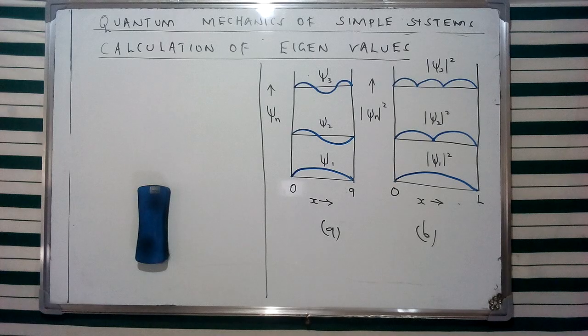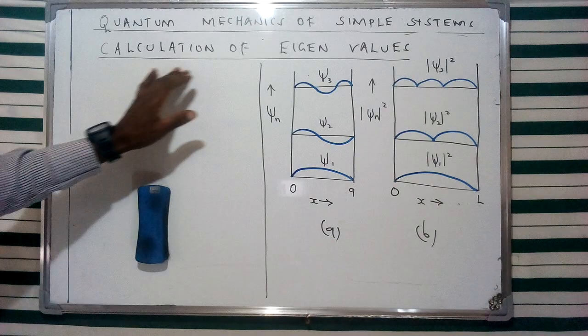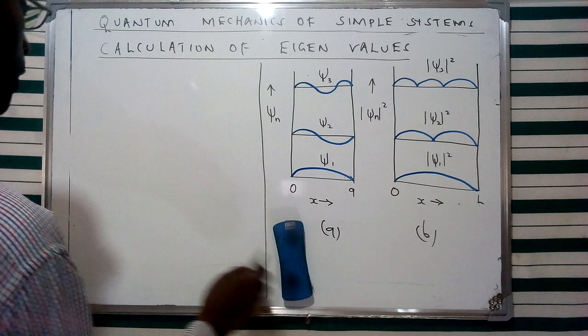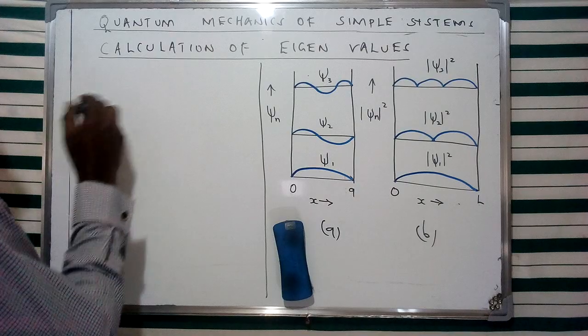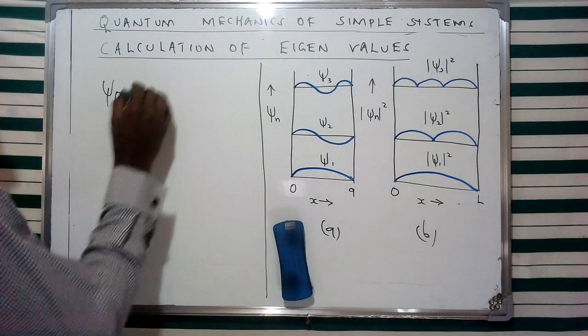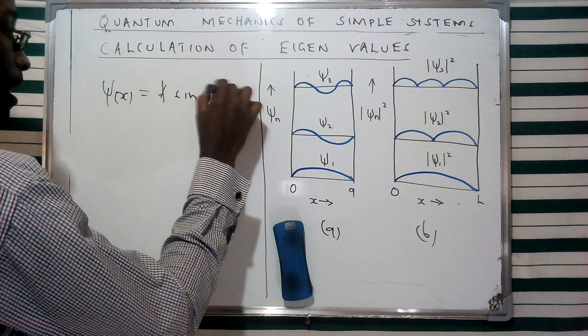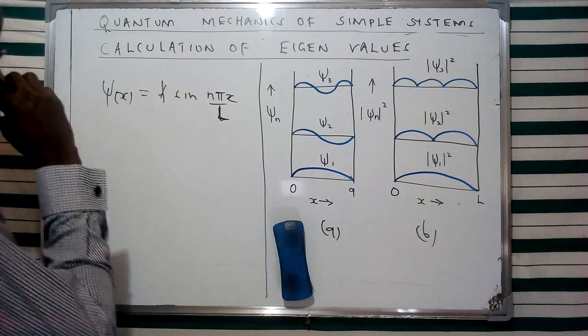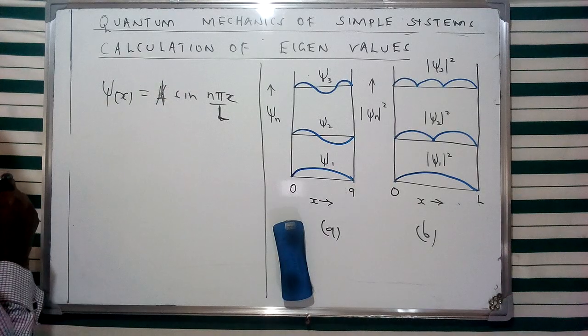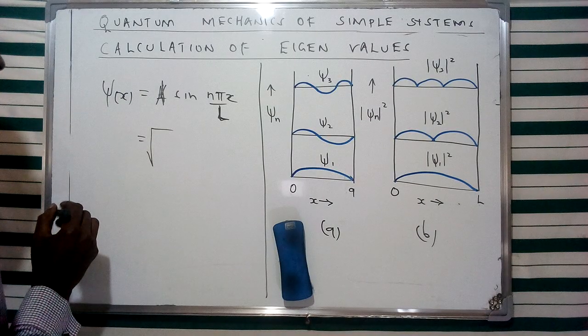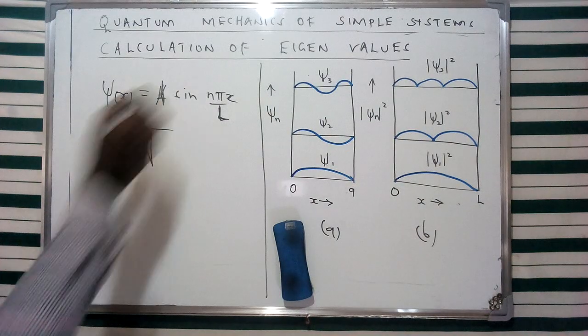Now in this particular discussion I'm going to show how we can obtain the eigenvalues, and in our last discussion I talked about the concept of eigenvalues and eigenfunctions, which of course I said culminate from the normalization condition of this specific general description of our wave function, given in terms of the sine of n pi x over L. And of course, I've said that we can find the unknown value for this specific constant A by creating a normalization condition of having this particular probability of the particle given as 1.